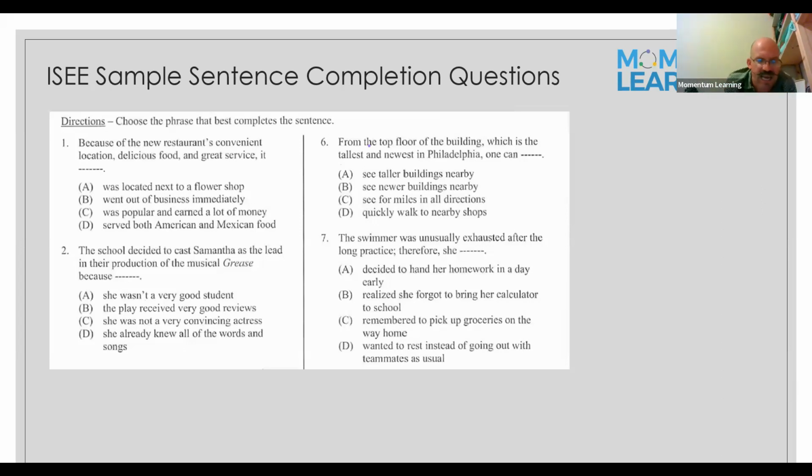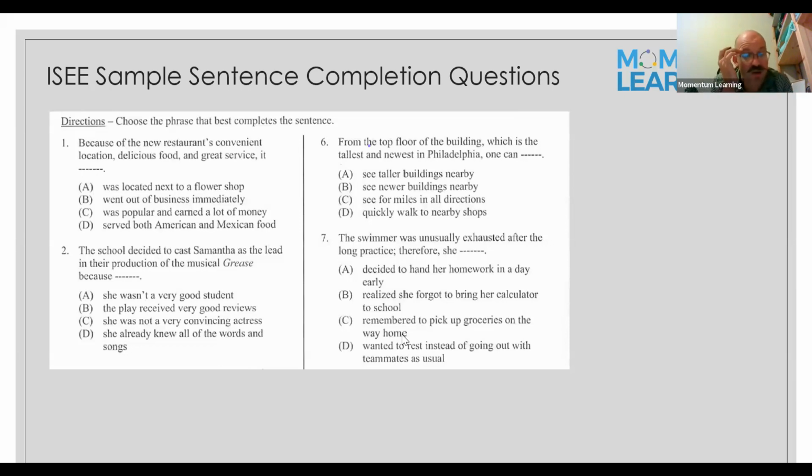The school decided to cast Samantha as the lead in their production of the musical Grease because, so if you're the lead of a drama like Grease would be, let's see.